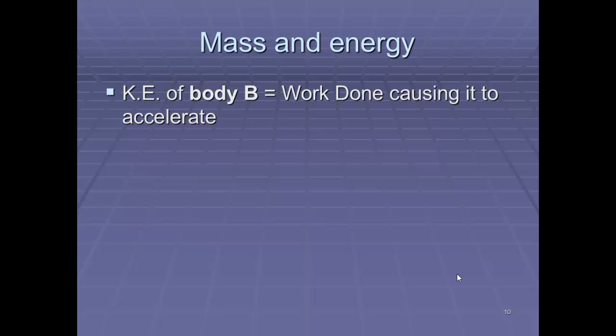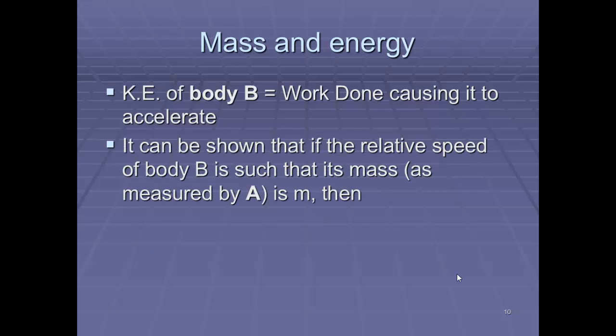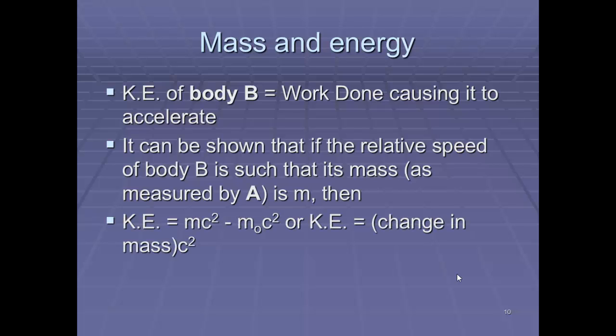Think about the increased kinetic energy of body B being equal to the work done causing it to accelerate. It can be shown that if the relative speed of body B is such that its mass is m, then the kinetic energy is equal to mc squared, which is the total energy, minus the rest energy.